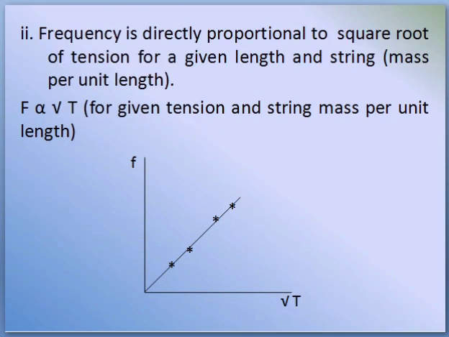Frequency is directly proportional to the square root of tension for a given length and mass per unit length. So we have F ∝ √T for a given length and mass per unit length.